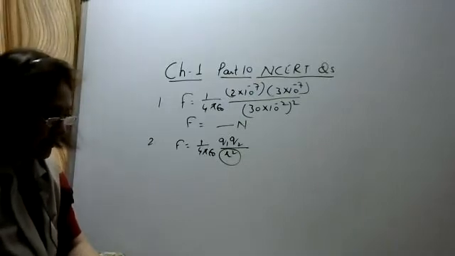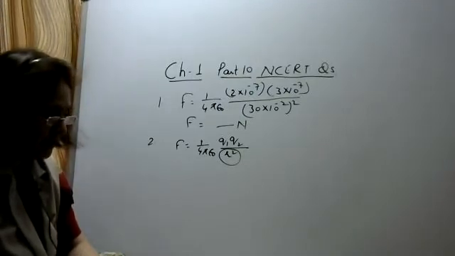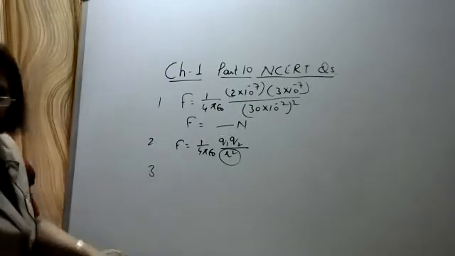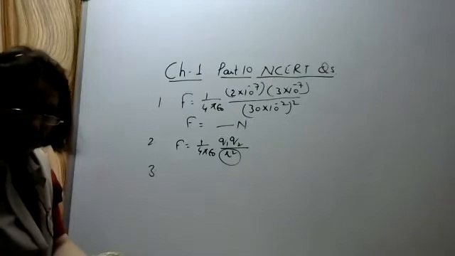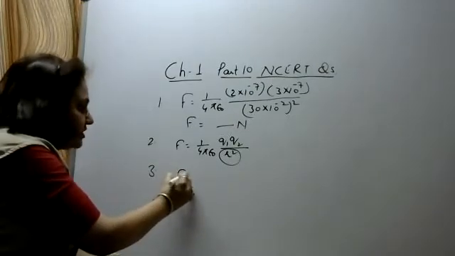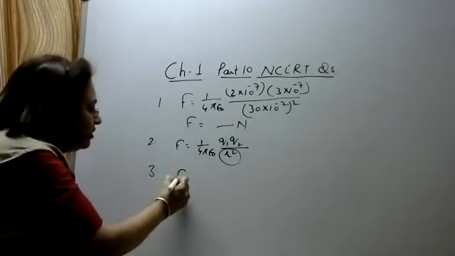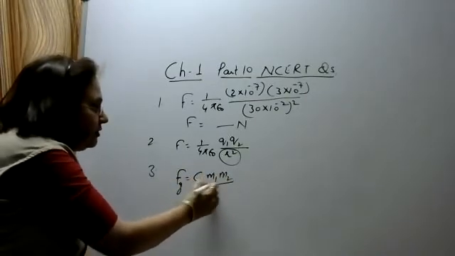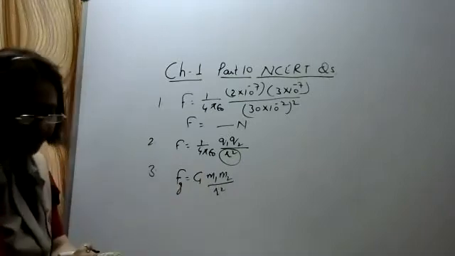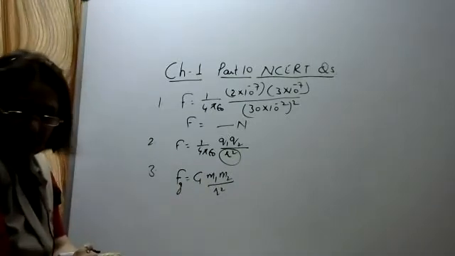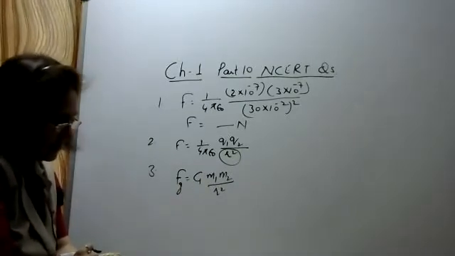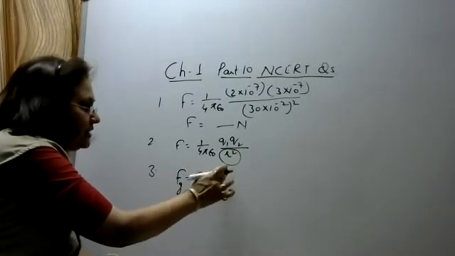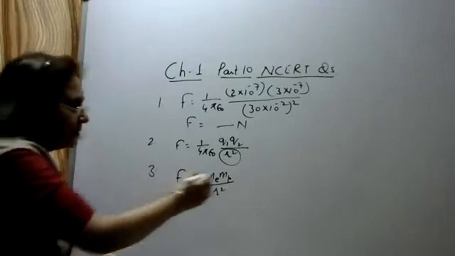Third one: check that the ratio K square upon G ME MP is dimensionless. Last year you found out gravitational force, which is G m1 m2 upon the square of the distance between them. Here the two bodies are the electron and the proton, so m1 is mass of electron, m2 is mass of proton.